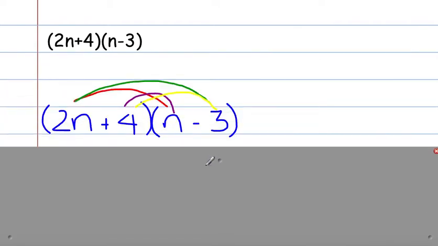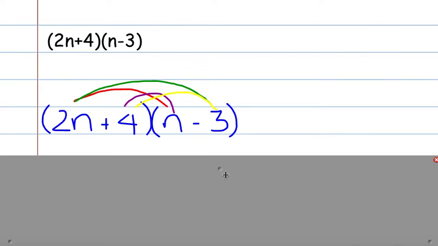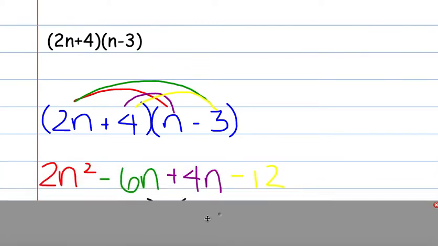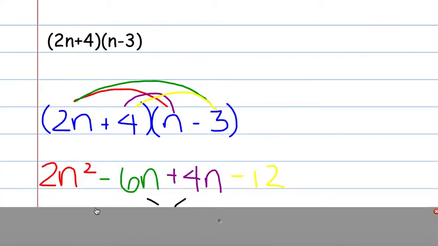Going along with that same idea, we're going to be using the FOIL method. If you want to look at my work right here, I tried to keep things color-coded so that you could see where they're coming from. With my first step I got 2n squared because we took the 2n times the n. For my second step I had 2n times negative 3, which went to a negative 6n.